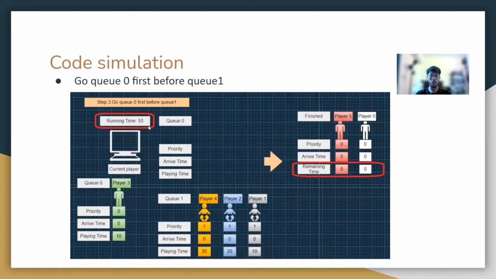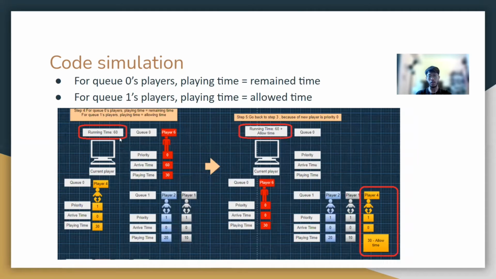When the time arrives at 50, player 5 and player 0 finish their playing, and it is the time for player 3. Because we don't have any players in our Q0, player 4 will be the next player. Now, time is at 60. It is the time for player 4.